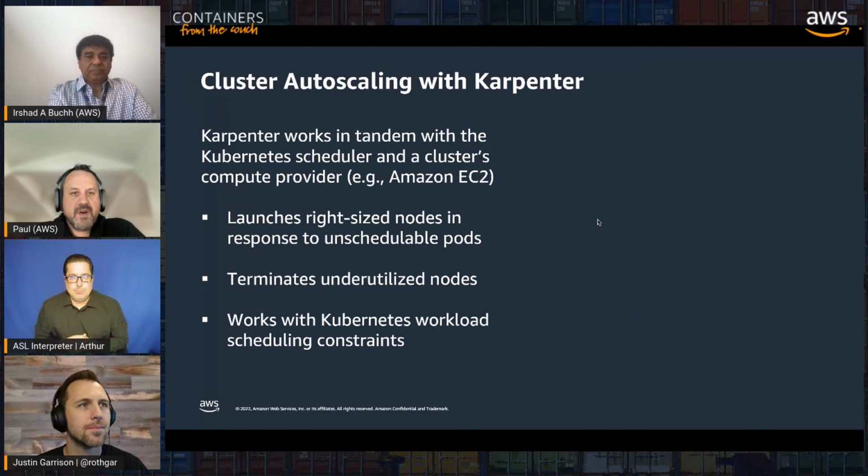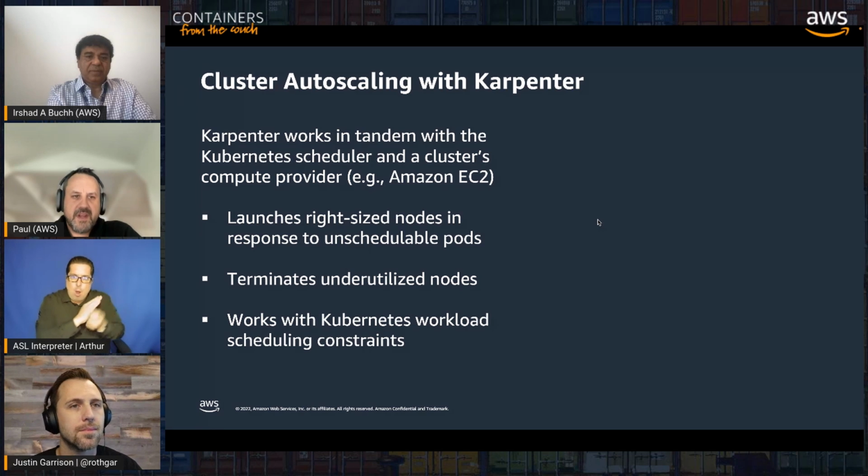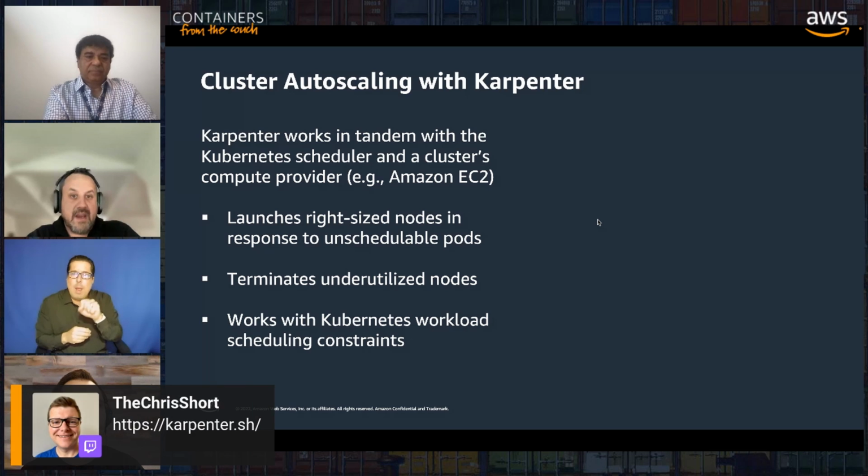So when we think about cluster autoscaling with Karpenter, this is where we really focus on how we right size your workload. And the purpose of this talk today is being cost optimized by default. This is where Karpenter really comes in and asks, what's the workload that you're trying to provision within Kubernetes? And how do I ensure, I being Karpenter, the cluster autoscaler, that these workloads are perfectly fit or right sized?